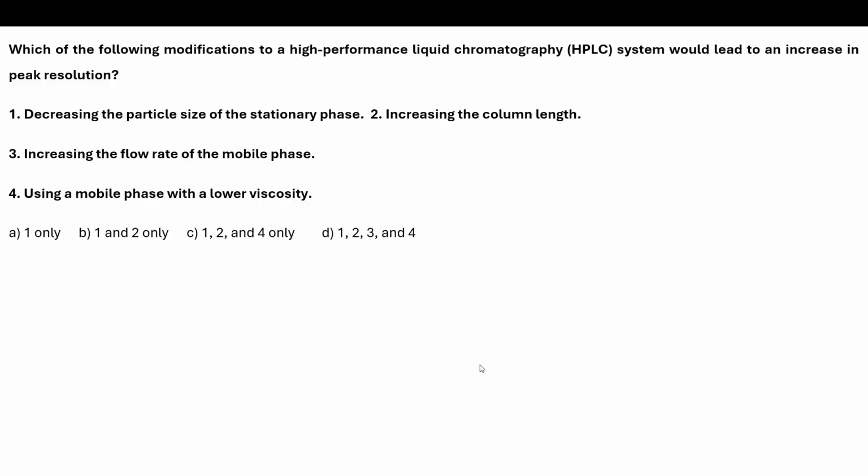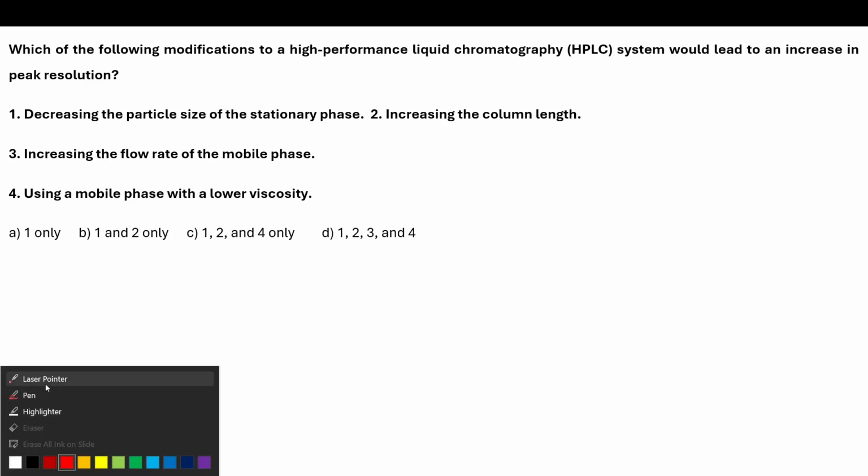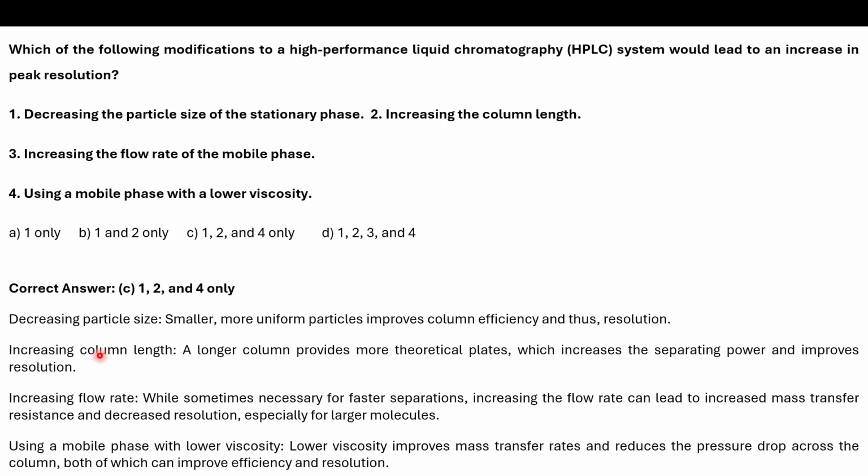All right. So what are the combinations? Which of the options are actually correct in increasing the peak resolution in an HPLC column? If we are decreasing the particle size of the matrix, the particles are smaller and more uniform, which will improve the column efficiency and hence increase the resolution.